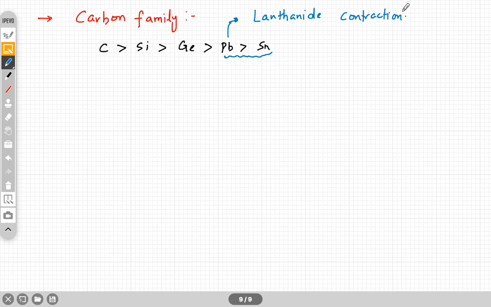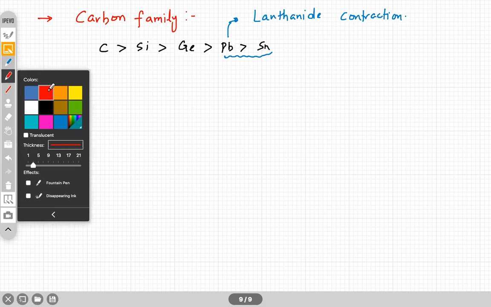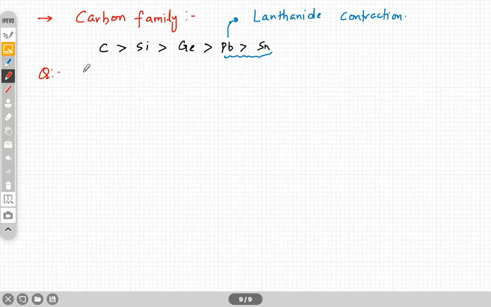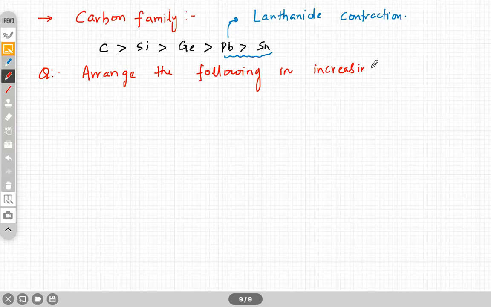Now, a few questions on this, you see. Write down the question: arrange the following in increasing order of ionization energy.